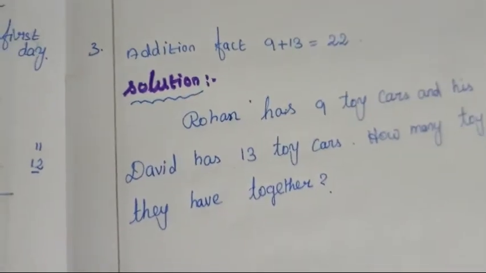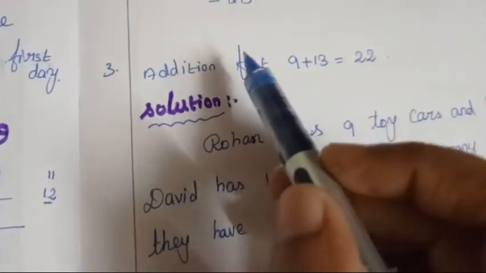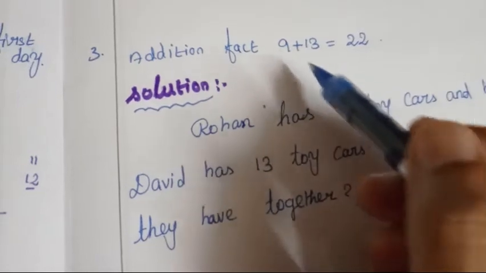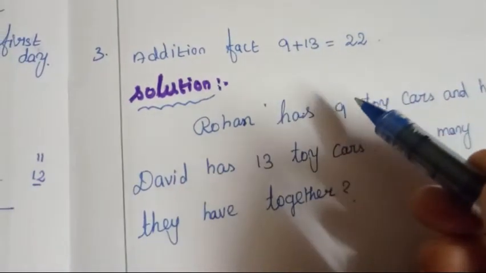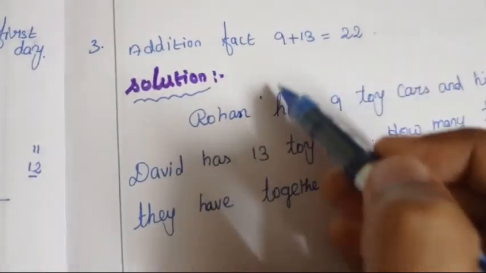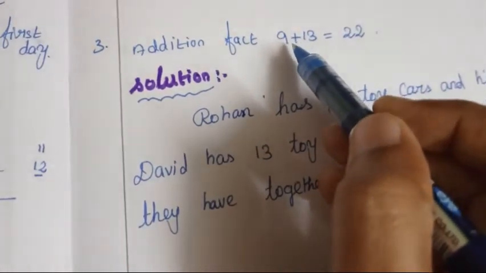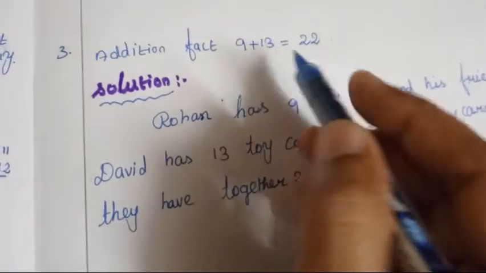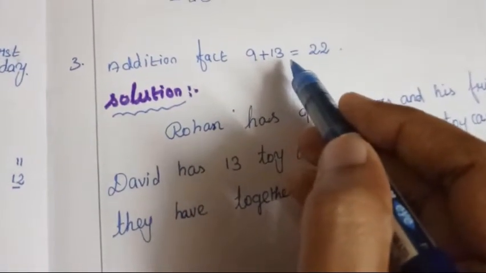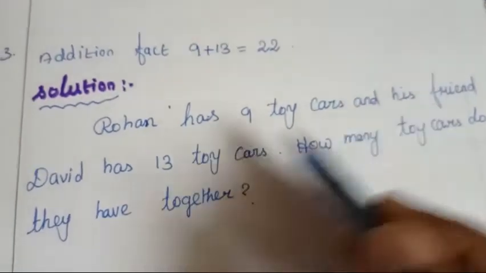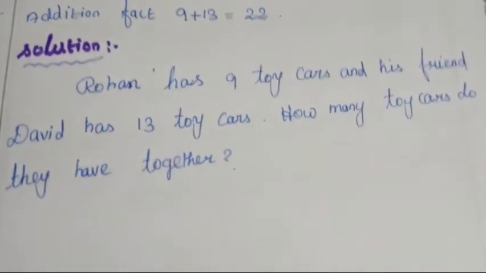Okay, children. So here the addition facts are given. You have to frame the word problem using these addition facts. First you write the statement for 9, that is, Rohan has 9 toy cars, and you write the statement for 13, that is, his friend David has 13 toy cars.